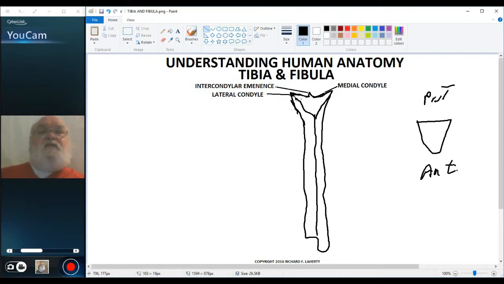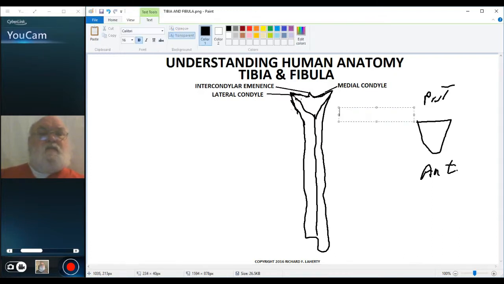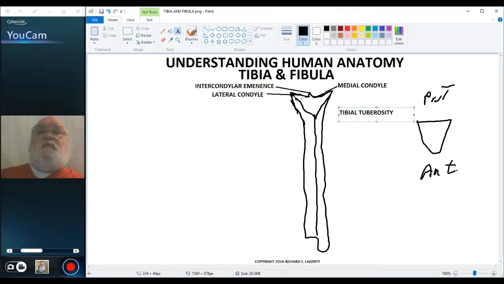And then on the anterior surface, just slightly inferior to the proximal end of the bone, we have the tibial tuberosity. And the tibial tuberosity is an area for muscle attachment.